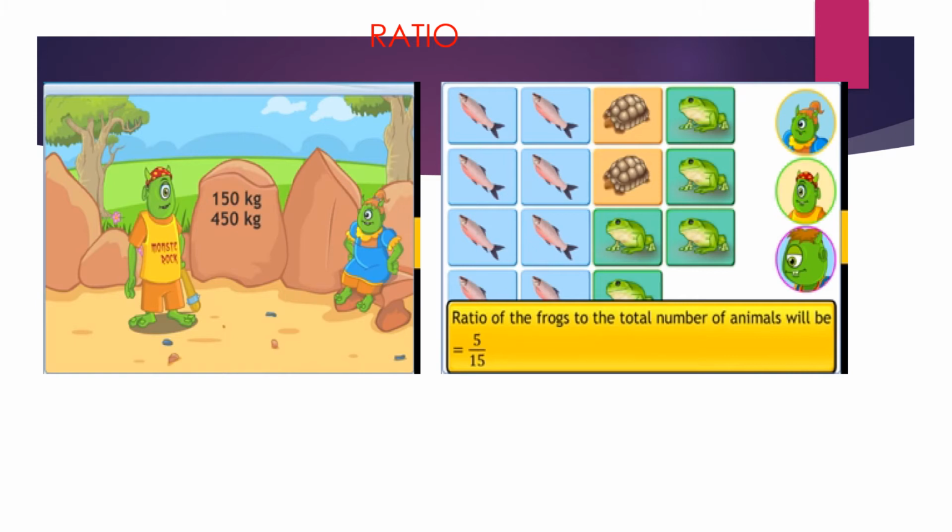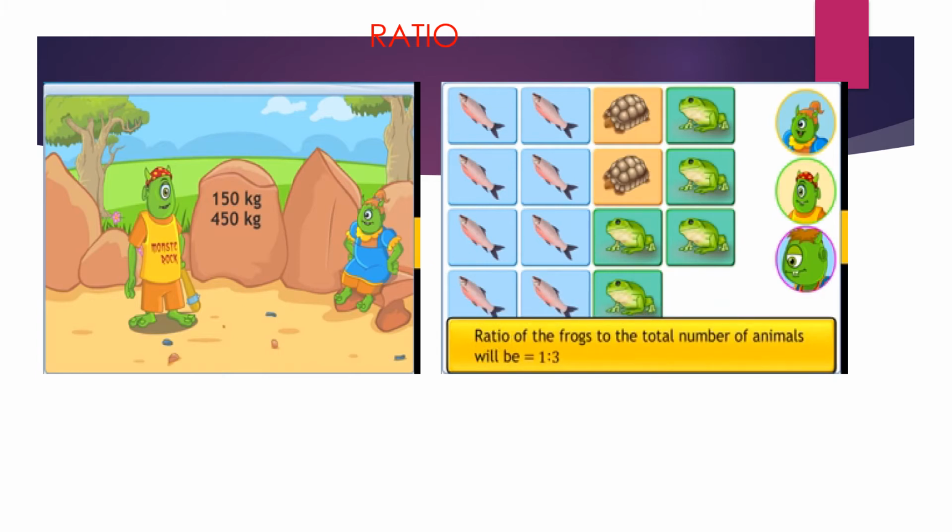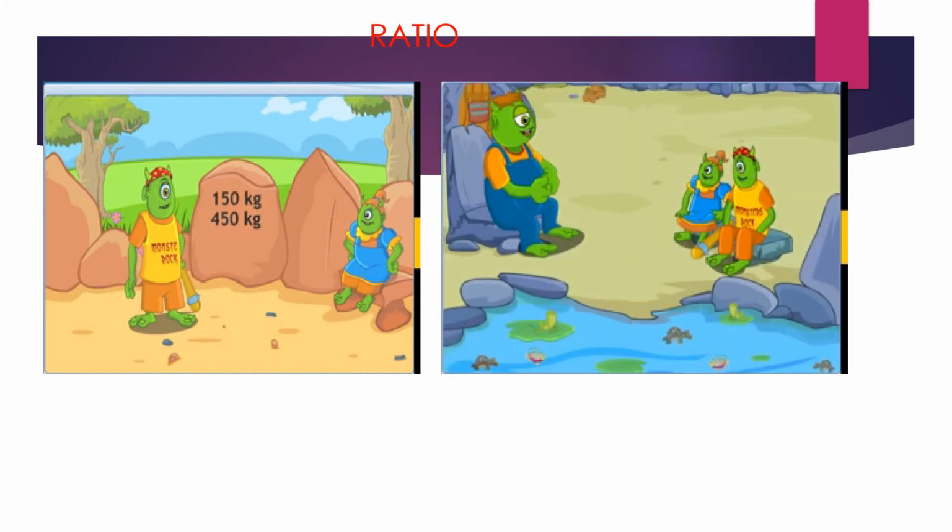So the ratio of frogs to the total number of animals in the pond can be written as 5/15. That is 1/3. So the ratio will be 1:3. Wonderful, Hefty! You're a smart monster girl.